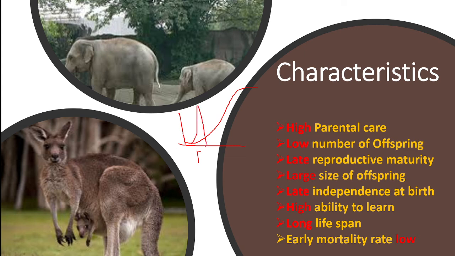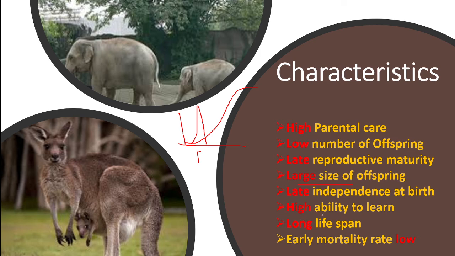So you can see here that there is late reproductive maturity, large size of offspring, and late independence at birth, that means they are dependent on parents for a longer period of time.